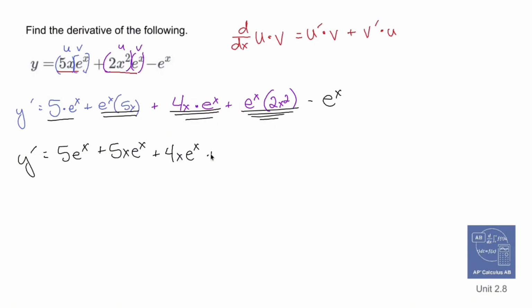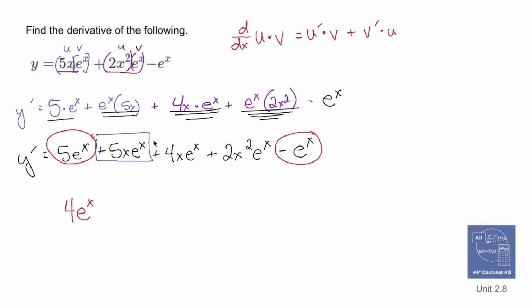How about 2x squared e to the x minus e to the x? Oh, okay, so several things combined. All right, 5 e to the x minus e to the x is going to be 4 e to the x.